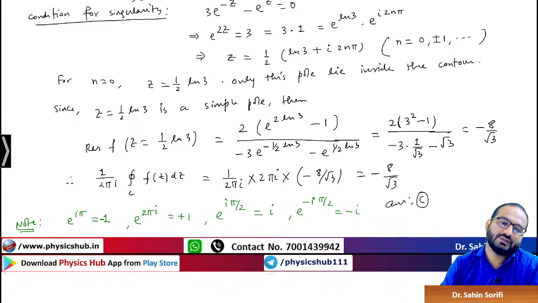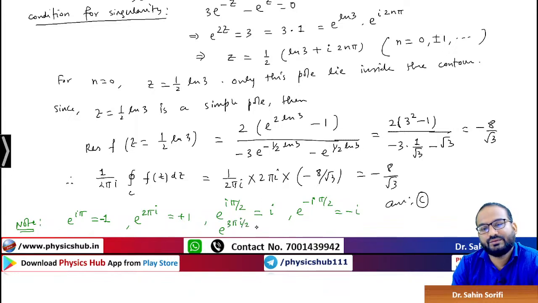You can also write e to the power 3 pi I by 2 is also minus I.